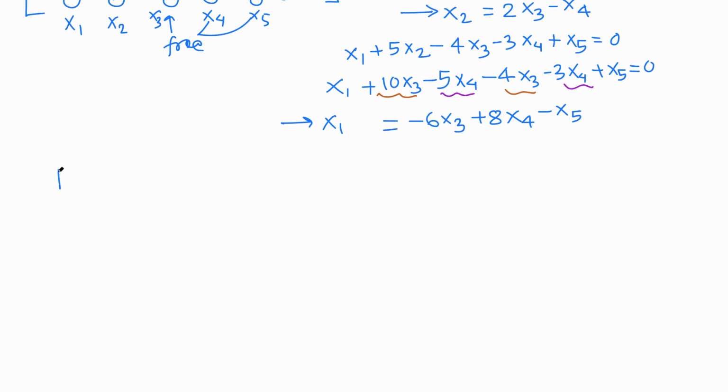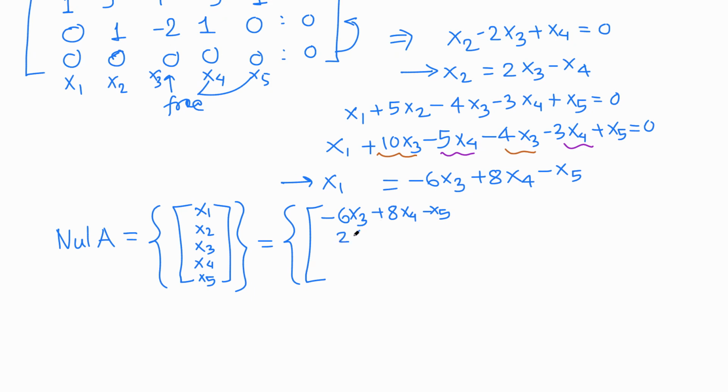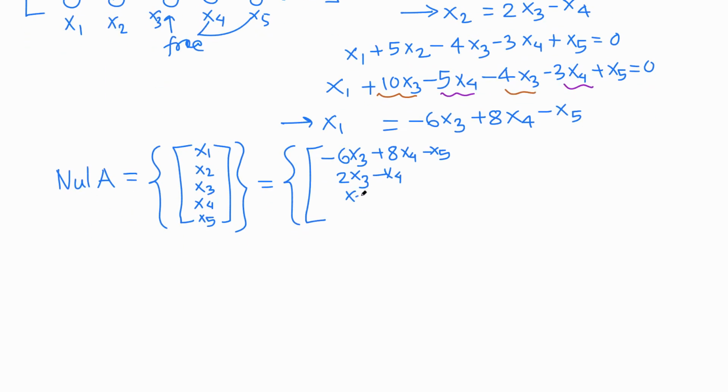So the null space, we write null A, is in fact just all the x's, with 5 components, a collection of these. x1 is found to be negative 6x3 plus 8x4 minus x5, x2 is found to be 2x3 minus x4, x3 is just x3, a free variable, x4 is just x4, x5 is just x5.